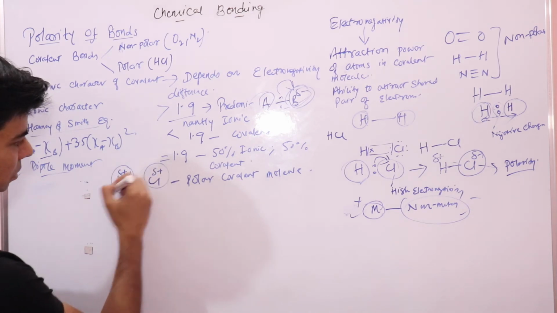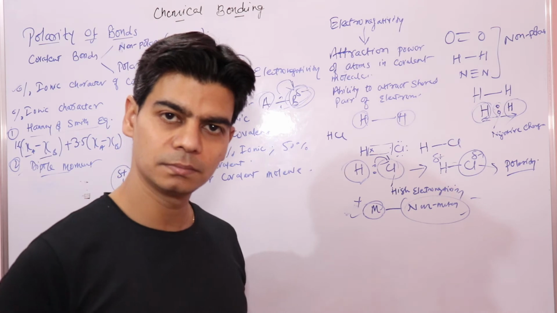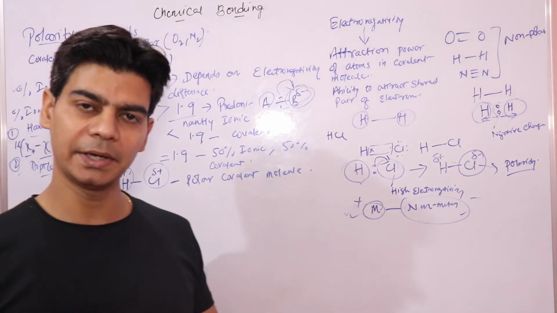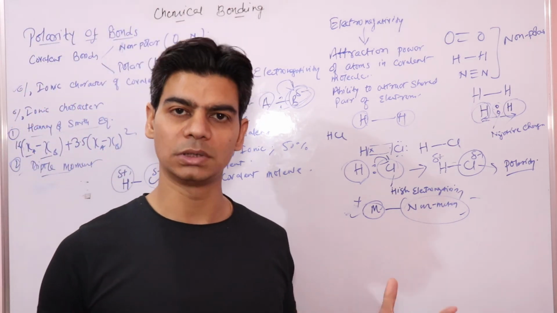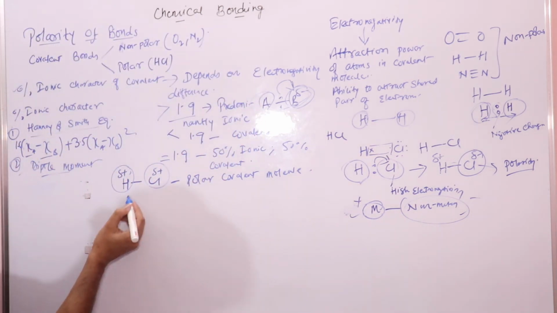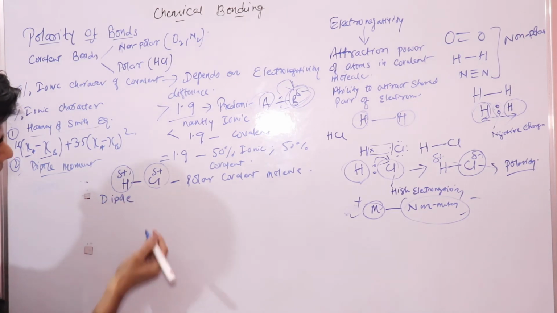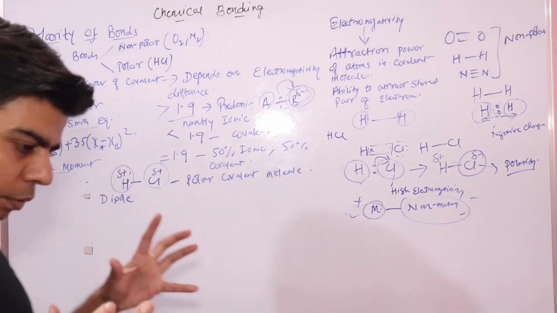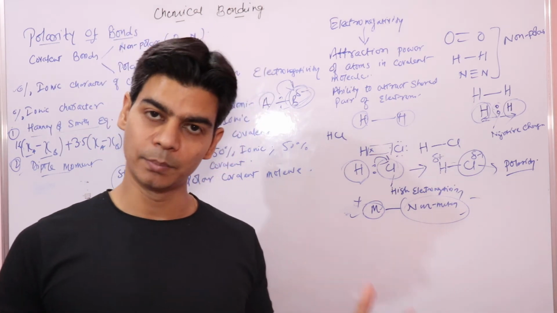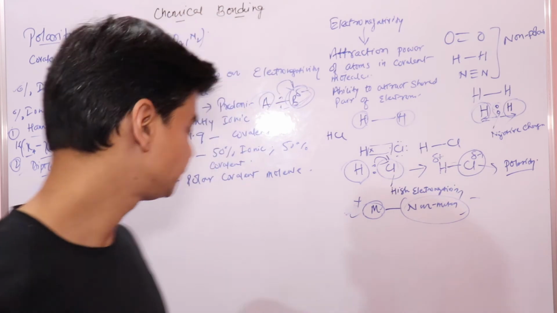It has a positive end and a negative end, like two poles, a positive and a negative pole. So this is a dipole. This polar covalent molecule is a dipole that has one positive end and one negative end.